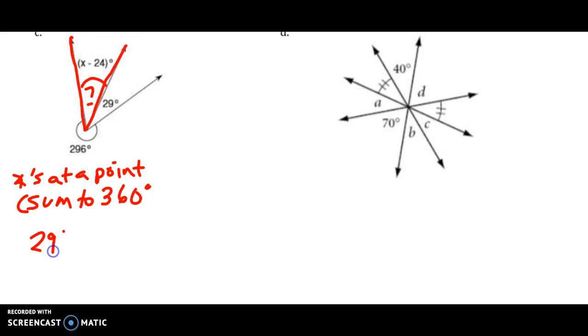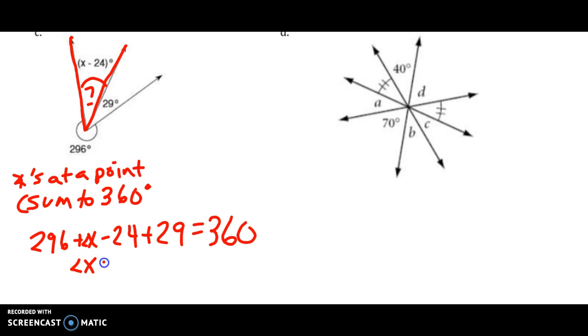So 296 plus x minus 24 plus 29 equals 360 degrees. When we combine 296, negative 24, and positive 29, we get 301. So angle x plus 301 equals 360. So angle x measures 59 degrees.